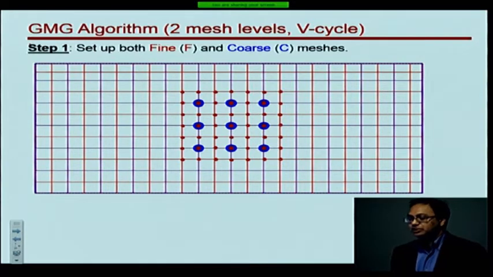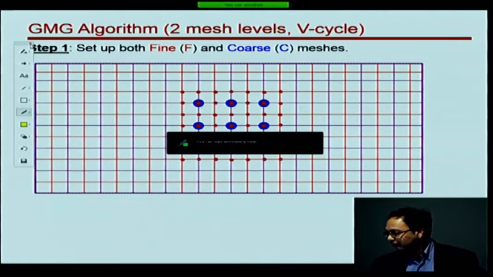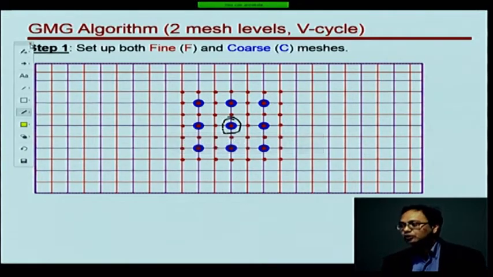So at the intersection of all red lines you have a fine mesh node. Okay, and at the intersection of all blue lines you have a coarse mesh node. Now you can see here there are certain points where, for example, you have the coarse and the fine mesh co-located. Obviously every point has a fine mesh node, but at alternate points you also have a coarse mesh node, so they are co-located, while there are other points where you just have a fine mesh node.